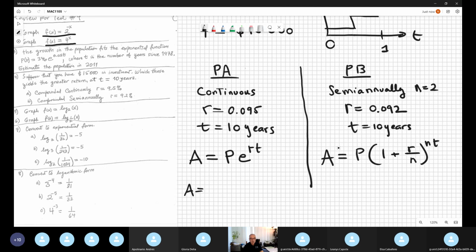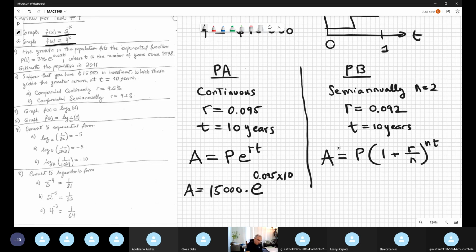The computation you should do is 15,000, the present value, multiplication, don't forget multiplication, E to the 0.095 multiplication by 10. Come on, let's do it. I type in my calculator 15,000, multiplication.